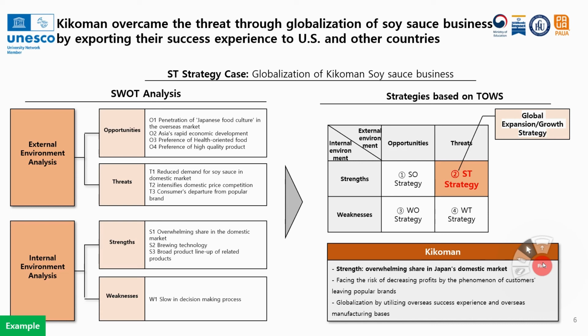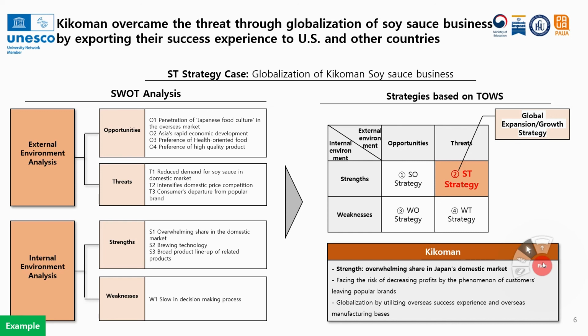And then one of the strengths of Kikkoman is the overwhelming share in the domestic market. So they are the leader, a dominant player in the domestic market, and their brewing technology of producing the soybean sauce is the best, and they have a broad product lineup of related products.